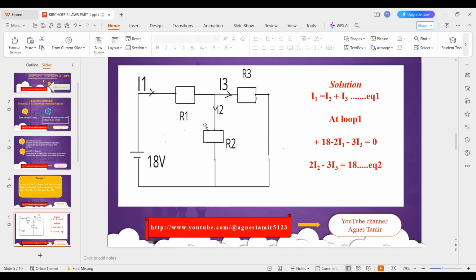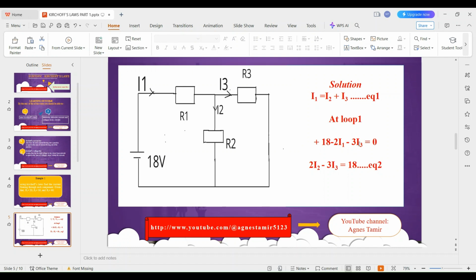We are moving from a high potential to a low potential, that is from positive to negative. So our voltage drop in this component will be given by R2 multiplied by I2, and our R2 is 3. When we multiply by I2, we'll have 3 I2.